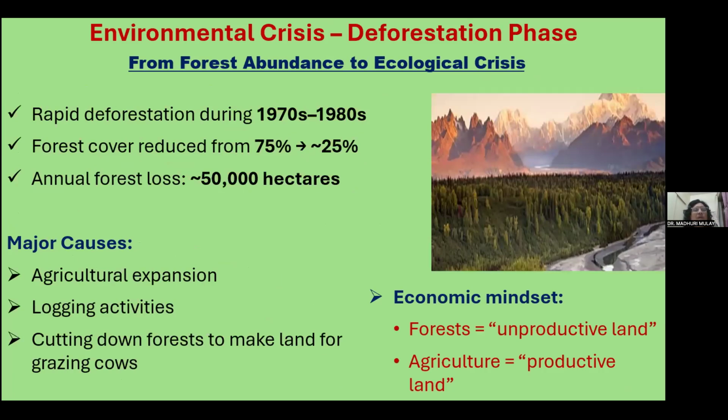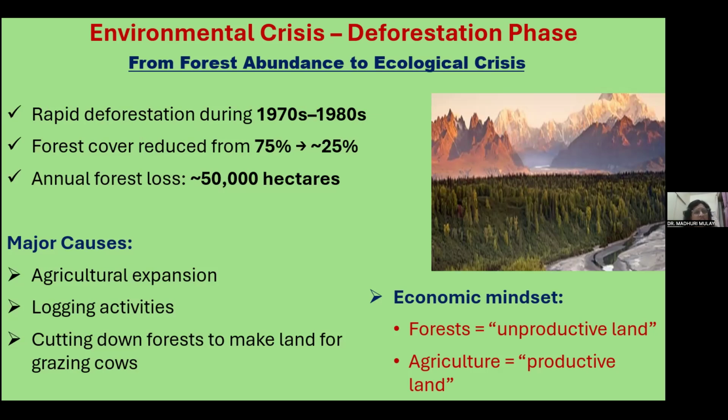So what was the environmental crisis in Costa Rica? Because of rapid deforestation during the 1970s and 1980s, the forest cover reduced from 75% to 25%, and the annual forest loss was almost 50,000 hectares.